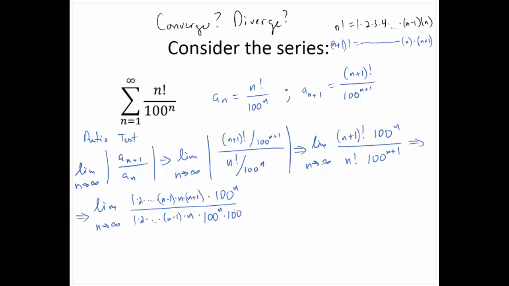And so notice that lots of nice things happen here. All of these factors up through the n remove, and then I have a 100 to the n that removes as well. And so then this becomes the limit with n approaching infinity of n plus 1 over 100.